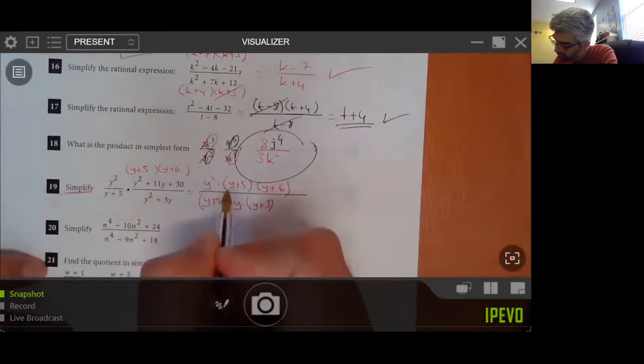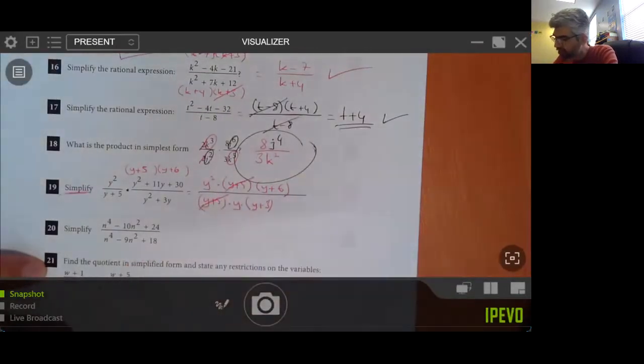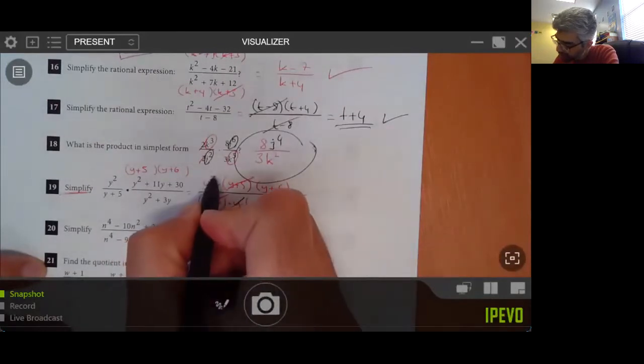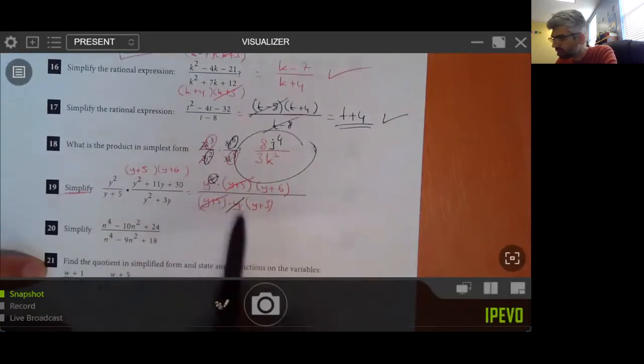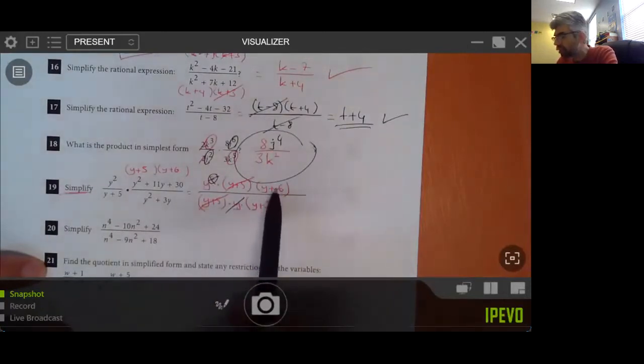So what do you see? y plus 5 and y plus 5. On the other hand, y and here this one, because there are two y's, y times y, one of them will be canceled with this y. Can I simplify y plus 6 and y plus 3? Hey, I can simplify 6 and 3 here, right, guys?